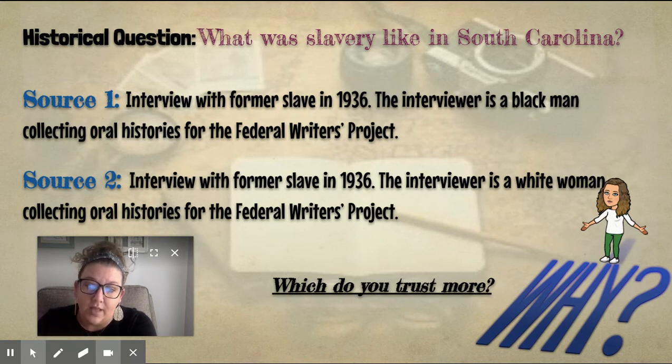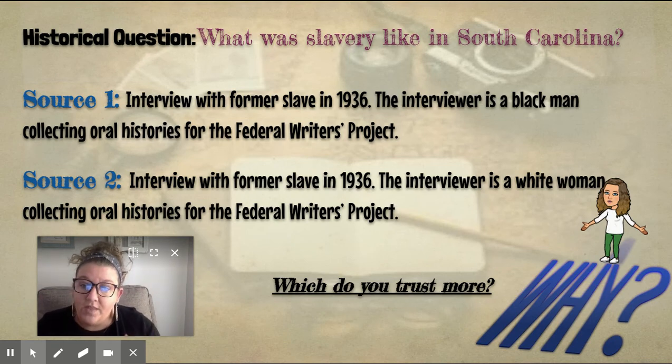So the likelihood of a white woman and a Black man or a Black woman being together and being able to talk honestly, for that former slave, whether it be man or woman, to feel comfortable telling a white woman what they experienced in slavery would have been unheard of. So they would not have felt comfortable enough to give her a true accounting of what had actually gone on and what had happened to them as slaves.